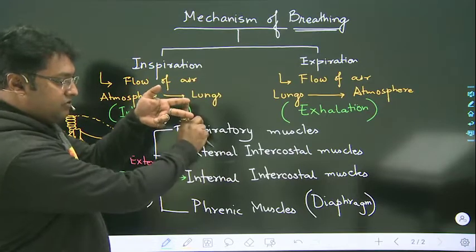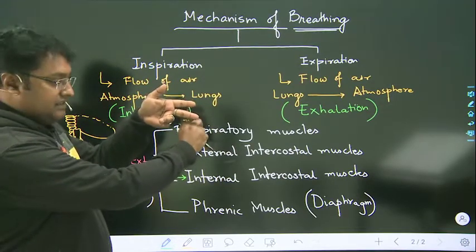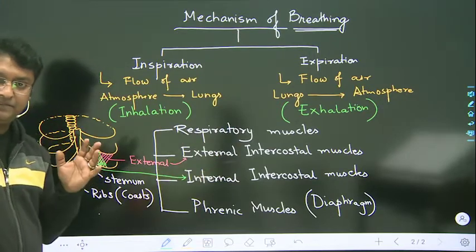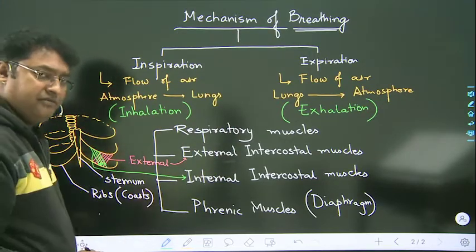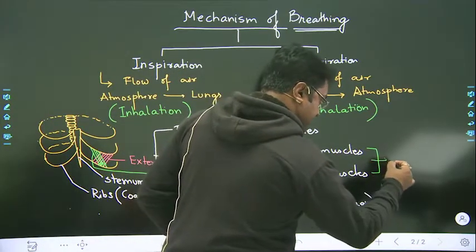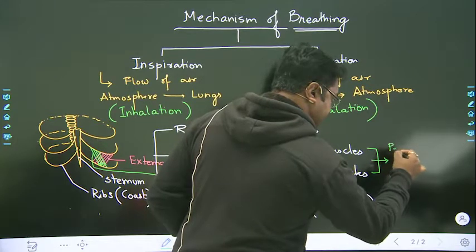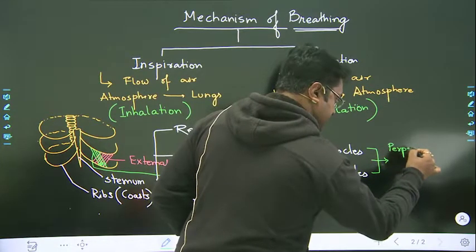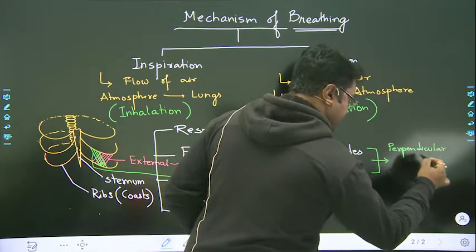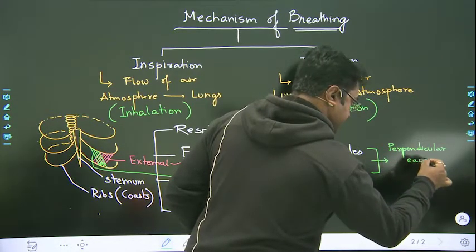And if I see the inner ones, then there will be the internal intercostal muscles. Clear? What we have to remember is that the external and internal intercostal muscles are perpendicular to each other.